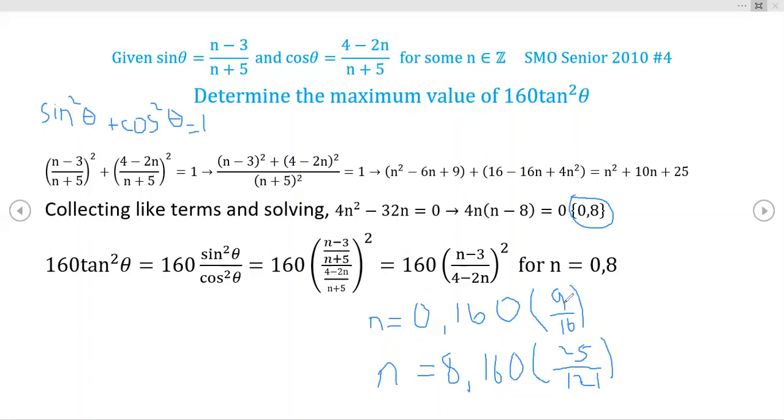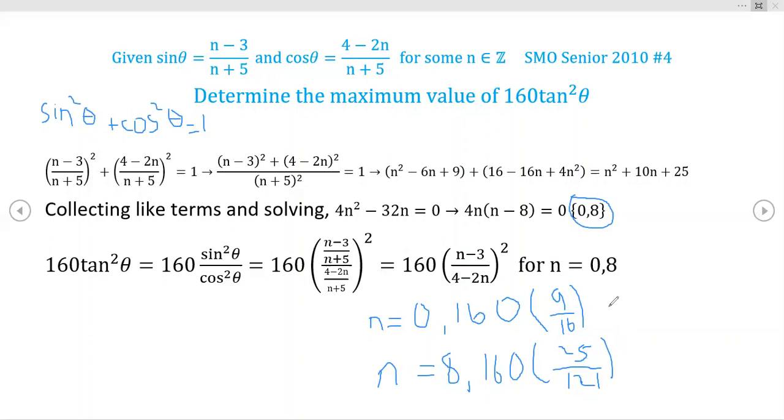Now it's pretty clear which fraction's bigger. 9 over 16 is certainly larger than this fraction. So you don't have to do any complex arithmetic here. 9 over 16 is more than 1/2, while 25 over 121 is much less than 1/2, or 1/4 even.